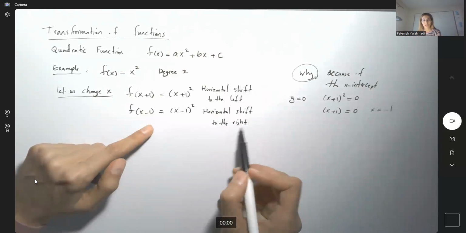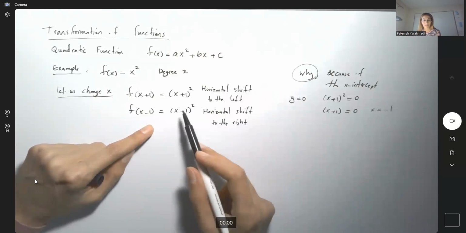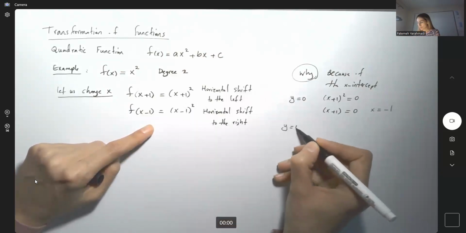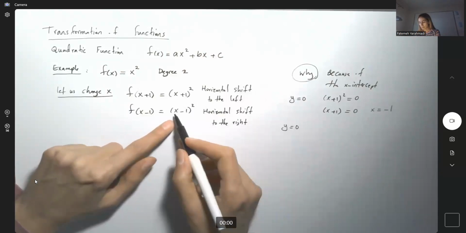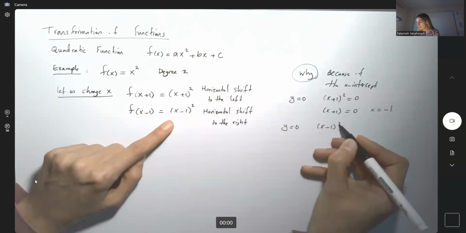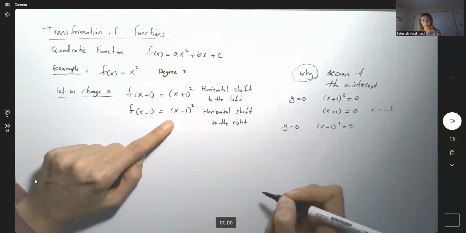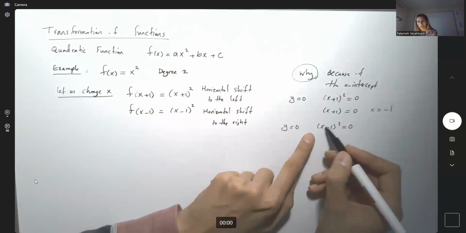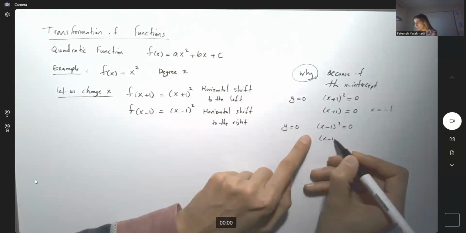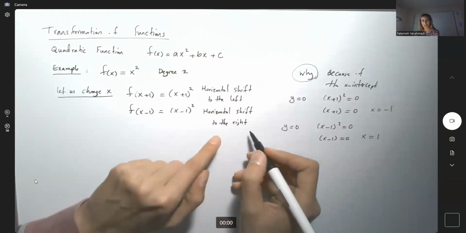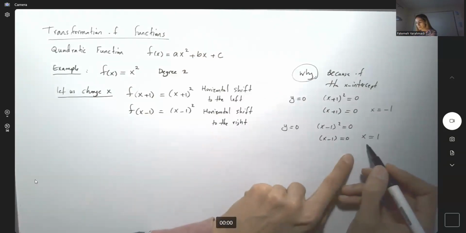For this scenario, you have a shift to the right because of the x-intercept. When you set your y equal to 0, it means that you take the function, which is x minus 1 to the second power, equal to 0. It means that this quantity is 0. So x minus 1 must be 0, or x is 1. That's why you have a shift to the right-hand side.